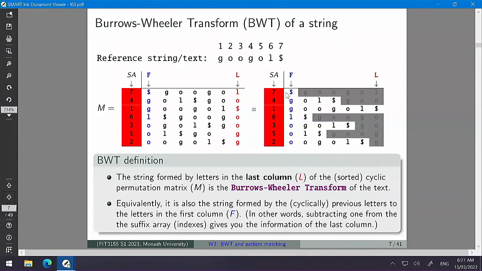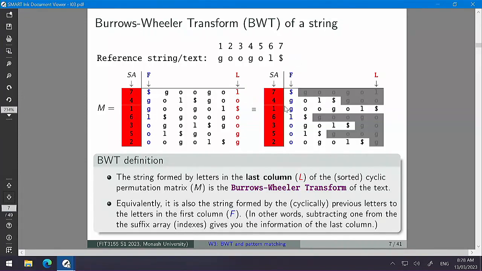So if you sort these rows, I'm moving my mouse on the slide, assuming that you also had these letters, the last letters out here, it's much clearer on this side, the last letters out here correspond to what's called a Burrows-Wheeler transform of that original text. Now, what does that mean?